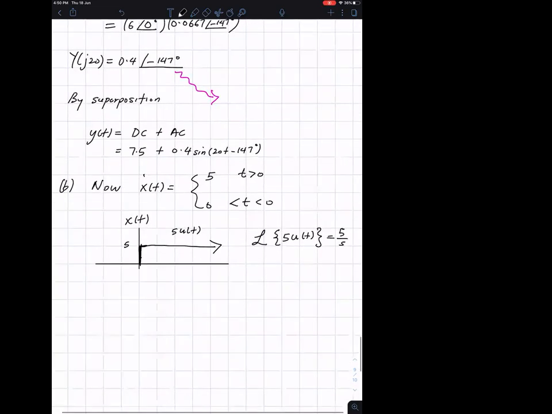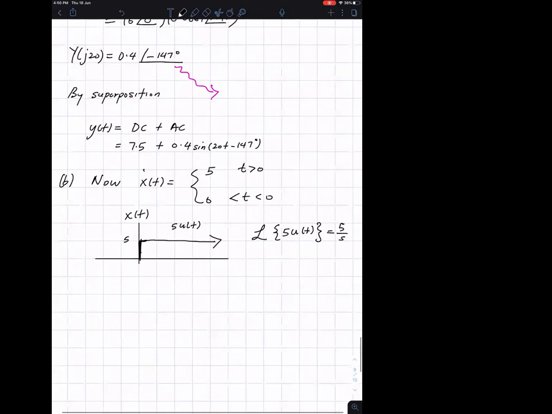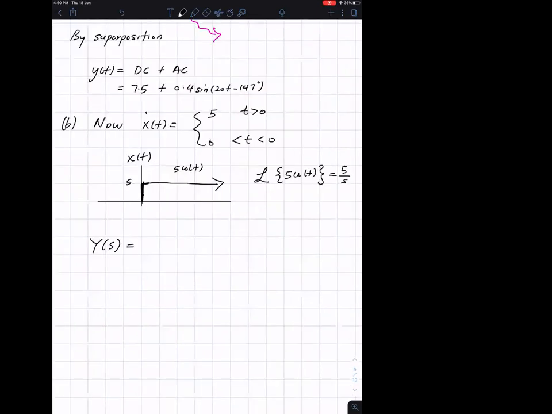Go ahead and find out what your output y is when the input is a step function with an amplitude 5. So use the same equation you had earlier, but now your input is a step function.